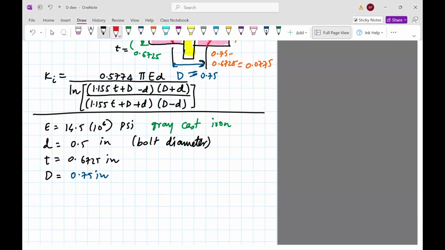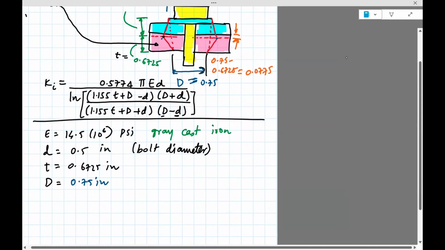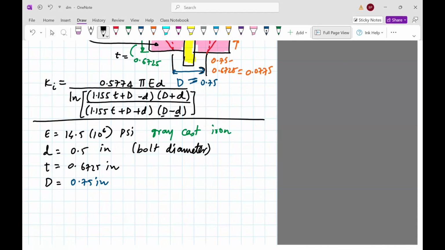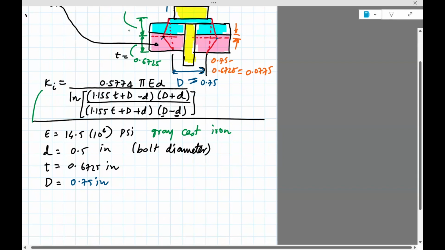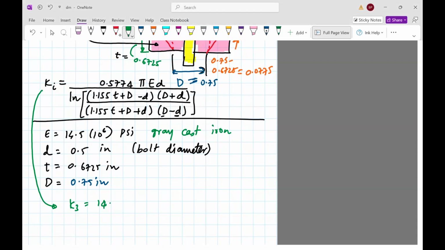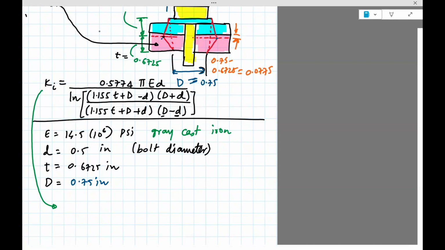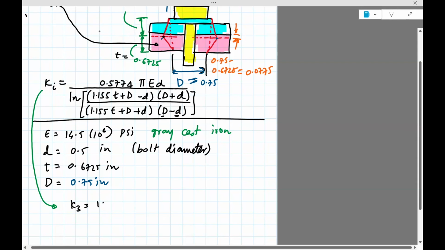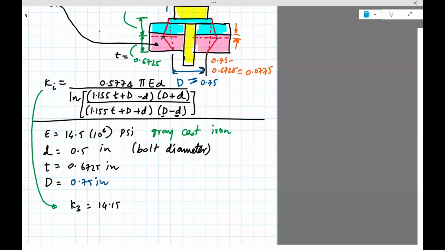And now we have everything we need to solve for K3. We know everything in the formula, right? Everything is known. So K3 comes out to be 14.15 lbf per inch.